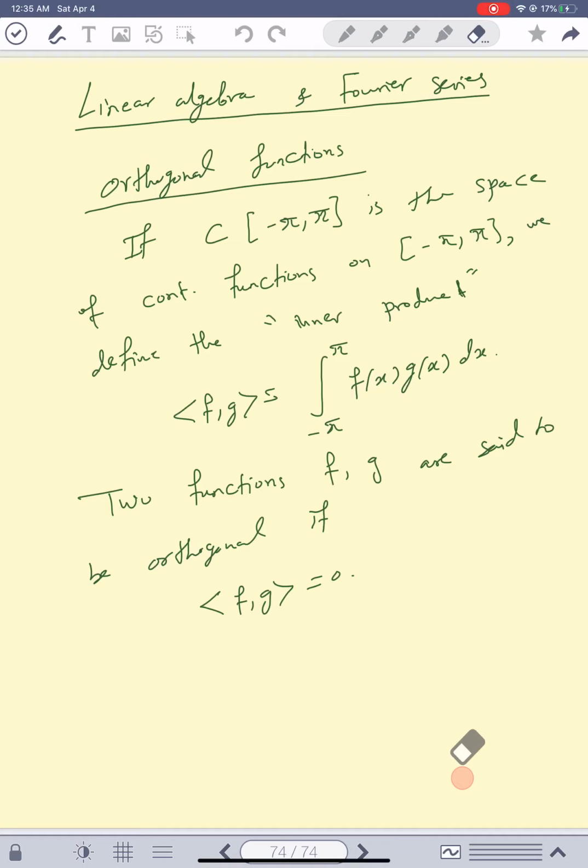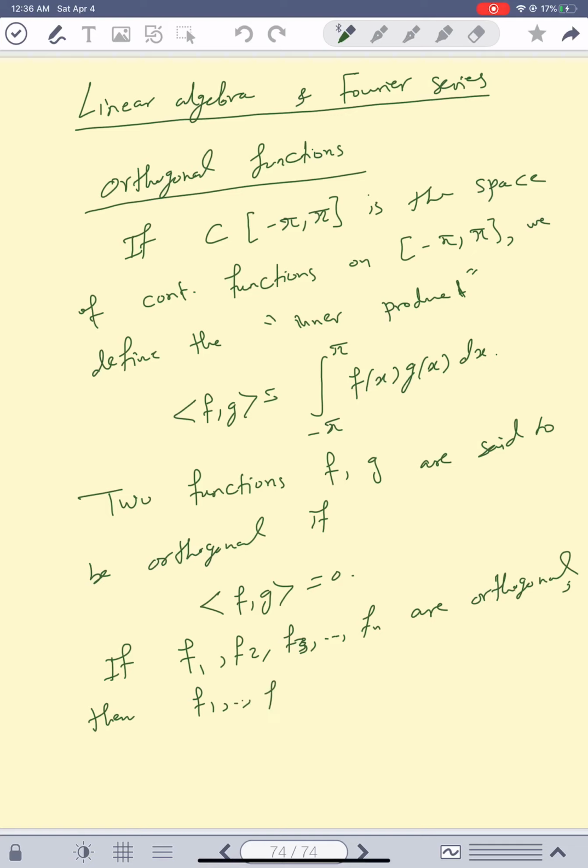Now, the nice thing is that if, let's say, f1, f2, f3, up to fn are orthogonal, then they are linearly independent.